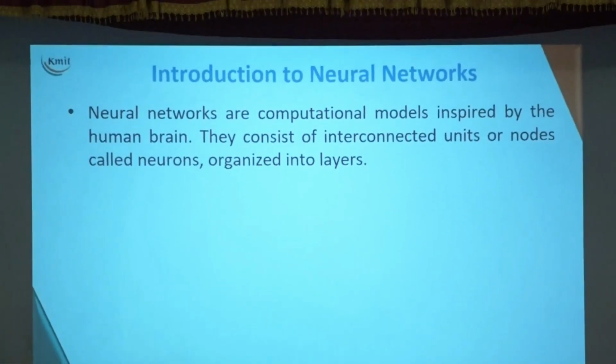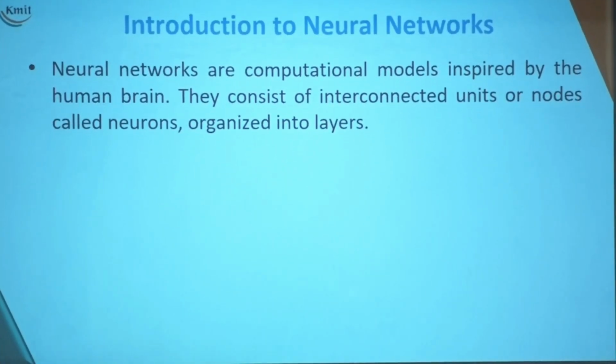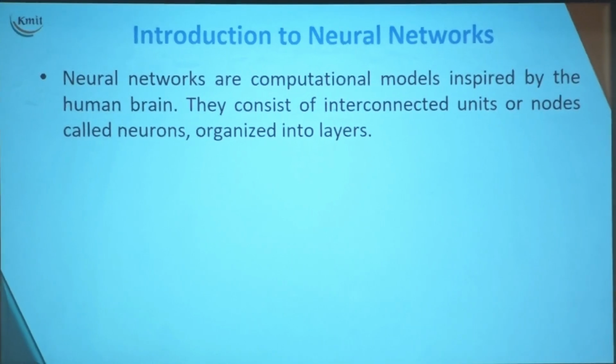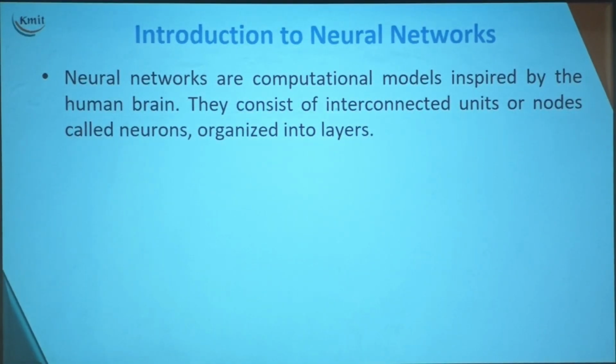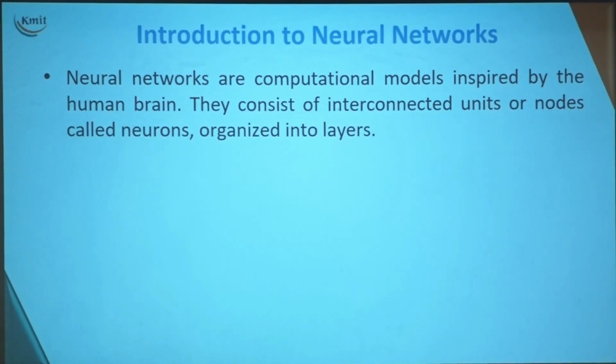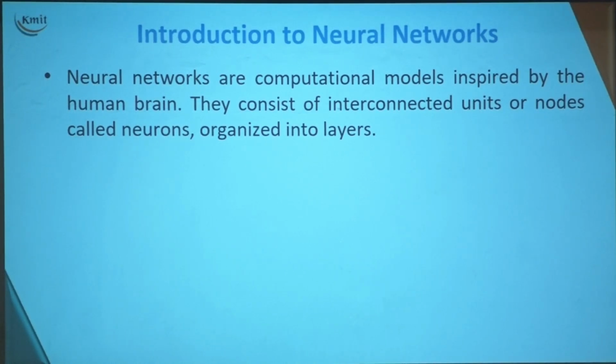So what are neural networks? Look at the exact definition, only a one-line definition of neural networks. Neural networks are computational models inspired by the human brain, and they consist of nodes or neurons which are organized into layers.